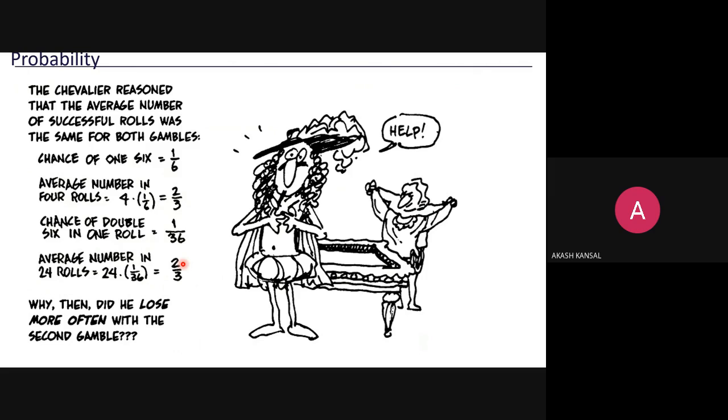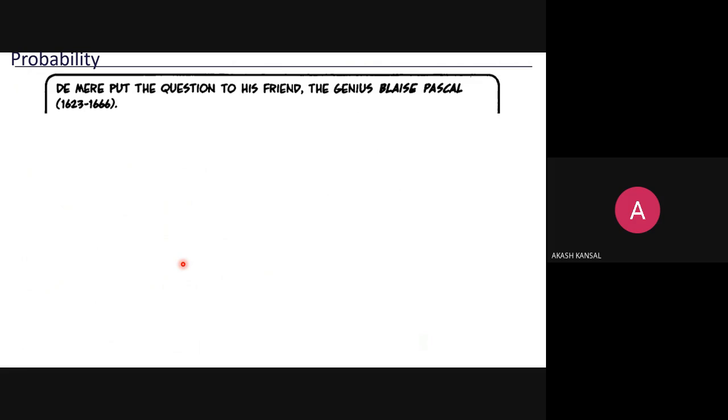But what he observed, since he had a big amount of data from the gambling that he had done, was that he was losing more often with the second gamble, which is the two dice rule. So let's see what he did after that. He approached Blaise Pascal with this problem. Blaise Pascal was a mathematician who was popular at that time, and he later developed a theory of probability.